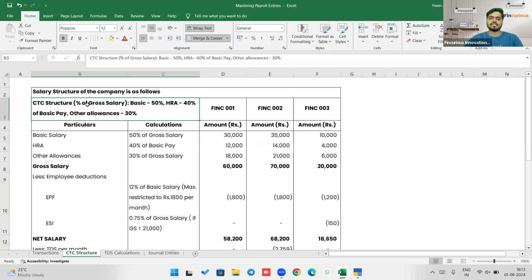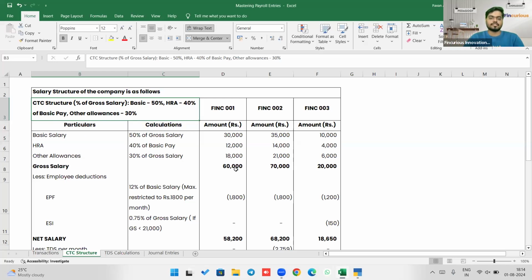So this is the company's policy about the CTC structure, and we need to follow the same structure for this particular company. If you are working for a different company, different companies might have different CTC structures. Depending upon the CTC structure, you need to calculate these things.